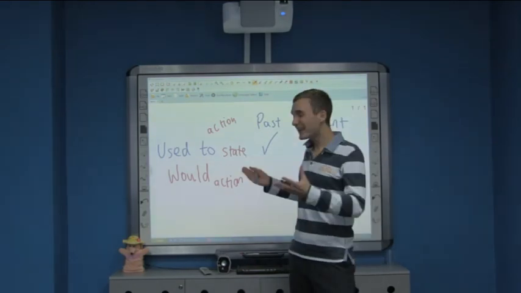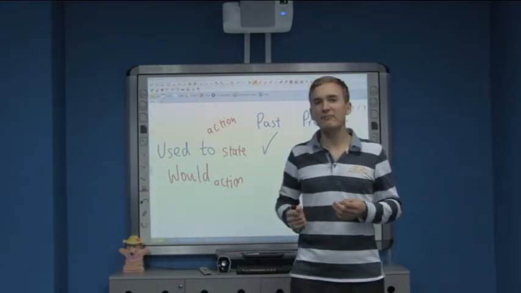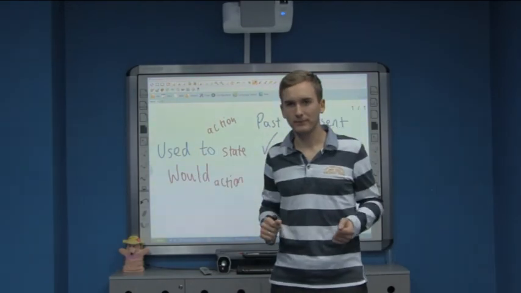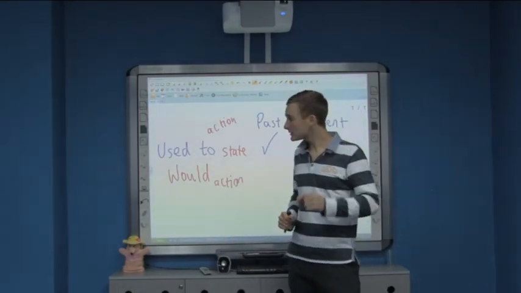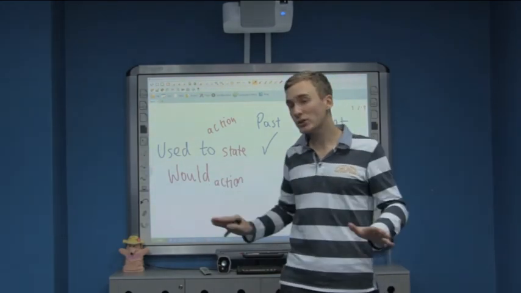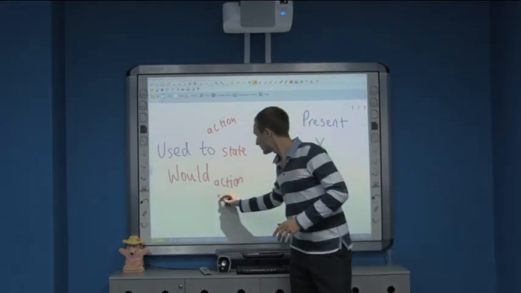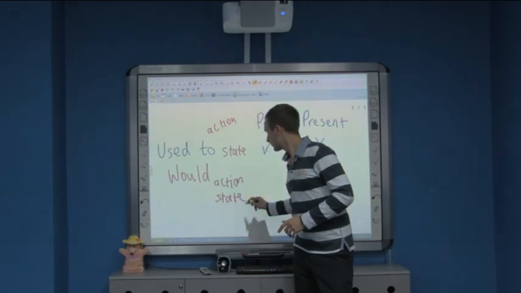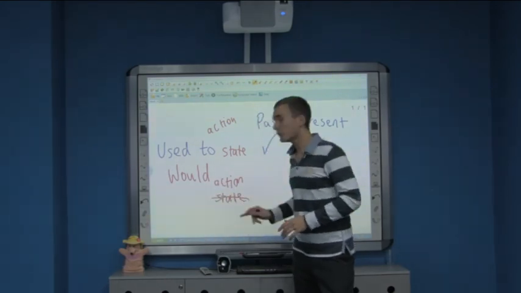I used to think that TV is the best thing in the world. One important difference between used to and would is that we cannot use state verbs with would. We cannot do this.